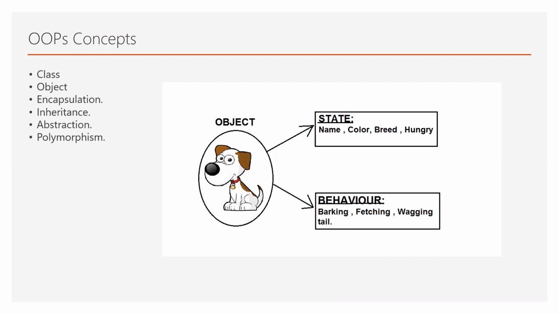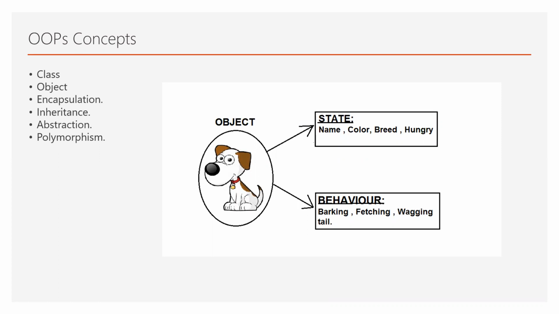And Java basically follows the object oriented programming principles. Not just Java, any programming language to be called object-oriented has to follow certain programming principles.